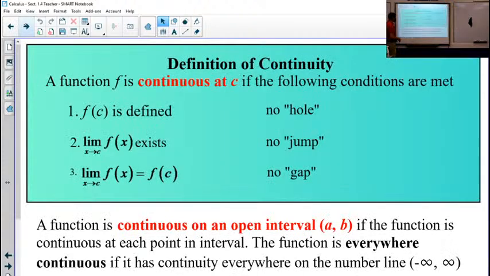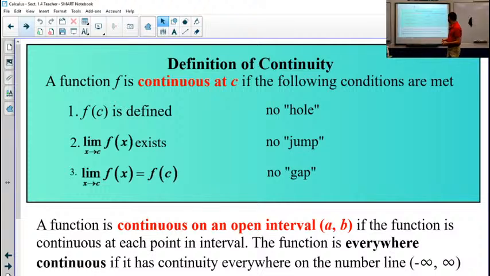So a couple more ideas. So first off, f of c has to be defined. There can't be a hole in the graph. We can't have the function not exist at that point. The limit exists, meaning there's no jump in the graph, because if there's a jump, then the limit from the left and the limit from the right aren't the same, and so the limit doesn't exist.